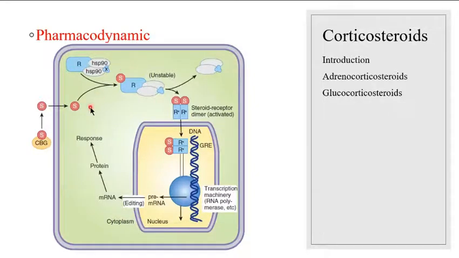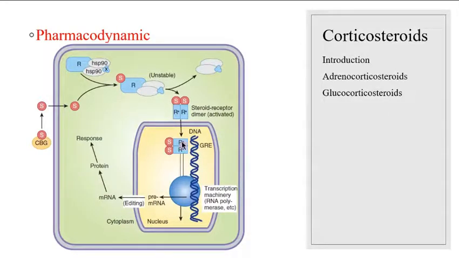When steroid binds to this receptor, the HSP90 molecule dissociates and two molecules of steroid receptor dimerize together. So when they come together and form a dimer, this enters inside the nucleus where it binds to the DNA, specifically in GRE, that stands for glucocorticoid response element.